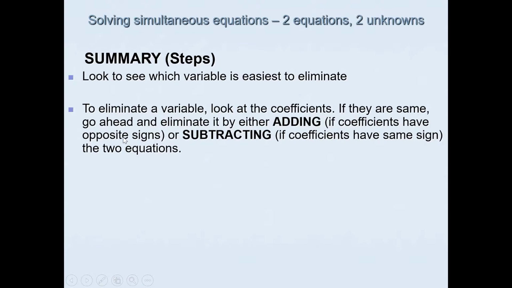That means one is having a positive value and the other one is having a negative value, so we can add the two to cancel those out. Or you will need to subtract the two equations if the coefficients have the same sign. So either both are positive or both are negative, then you will subtract the two to cancel that variable.